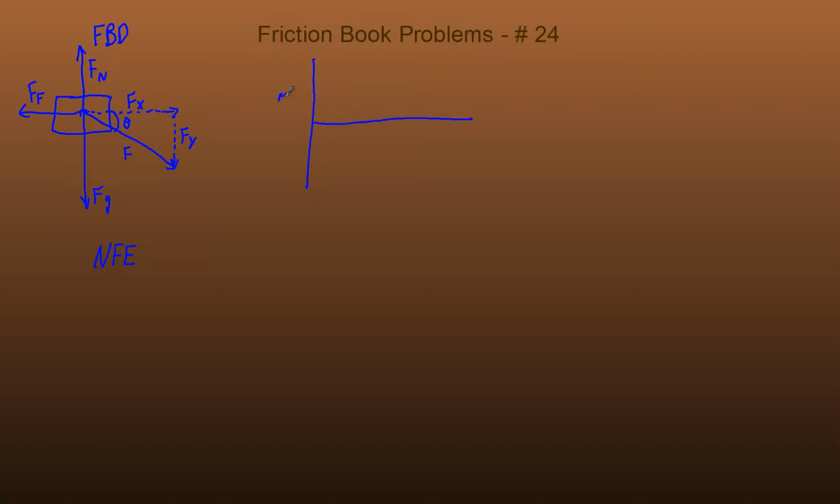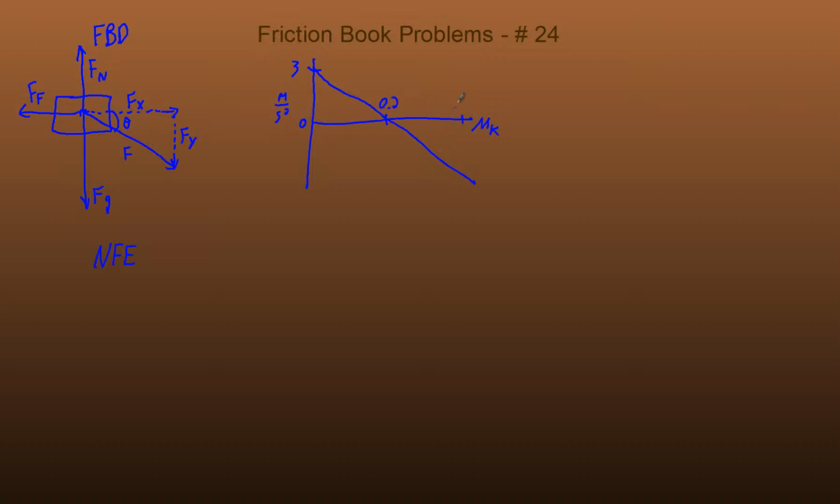This y-axis is acceleration, the x-axis is mu k, goes a little something like that. This is not curvy. And at 0 mu k, or frictionless, on a frictionless surface, the acceleration would be 3 meters per second squared. At 0 acceleration, mu k is going to be 0.2.